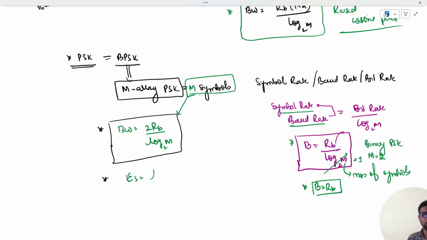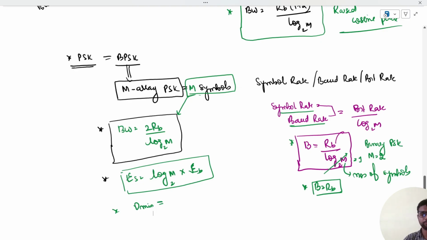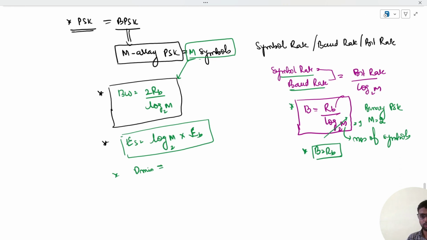ES is equal to log base 2m multiplied by EB, the energy of the signal. Number 3, D minimum. What is D minimum? D minimum is nothing but 2 into root over EB, that is the D minimum of one signal, multiplied by sine pi by m. Okay, this is the D minimum.